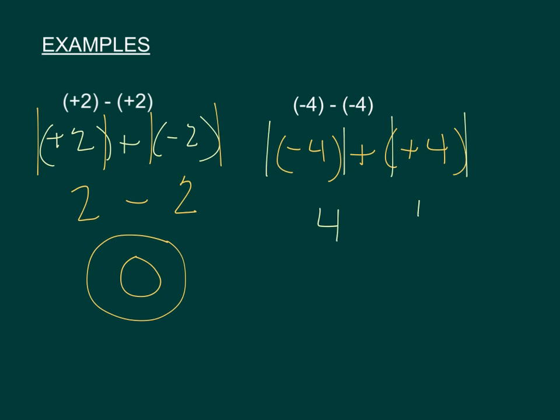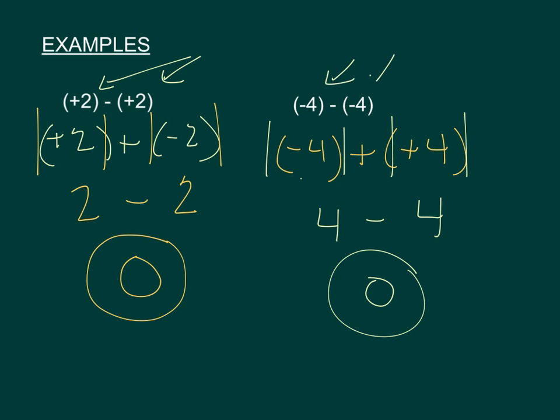I've got 4 and 4. The signs are different. Find the difference. 4 minus 4 is 0. And there we go. If I really think about either one of these, it makes sense. If I have the same number and I take it away from itself, it's going to be 0. Same thing here, even though it looks a little bit different because they're negative numbers. Let's see what happens with these.